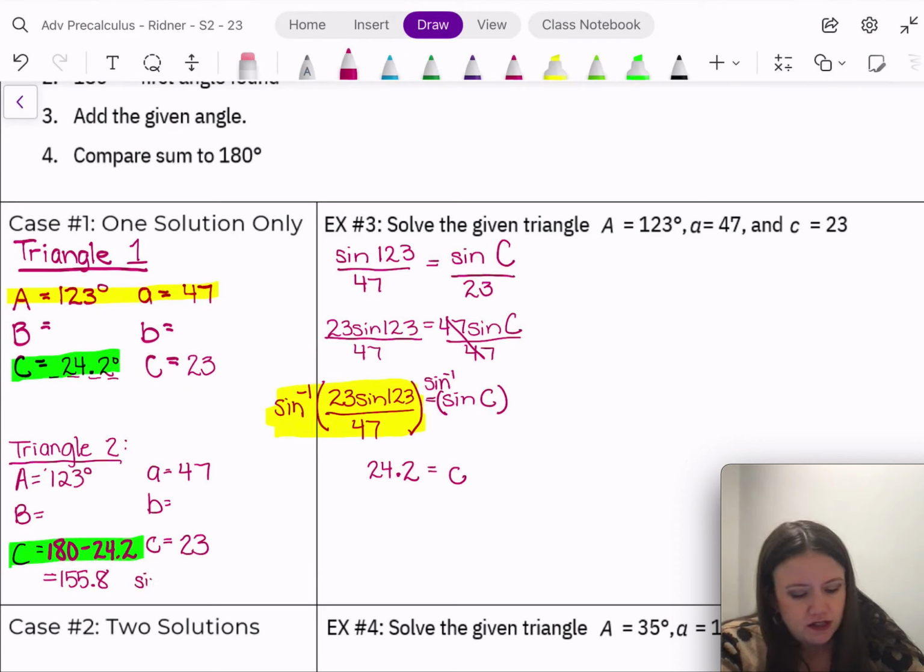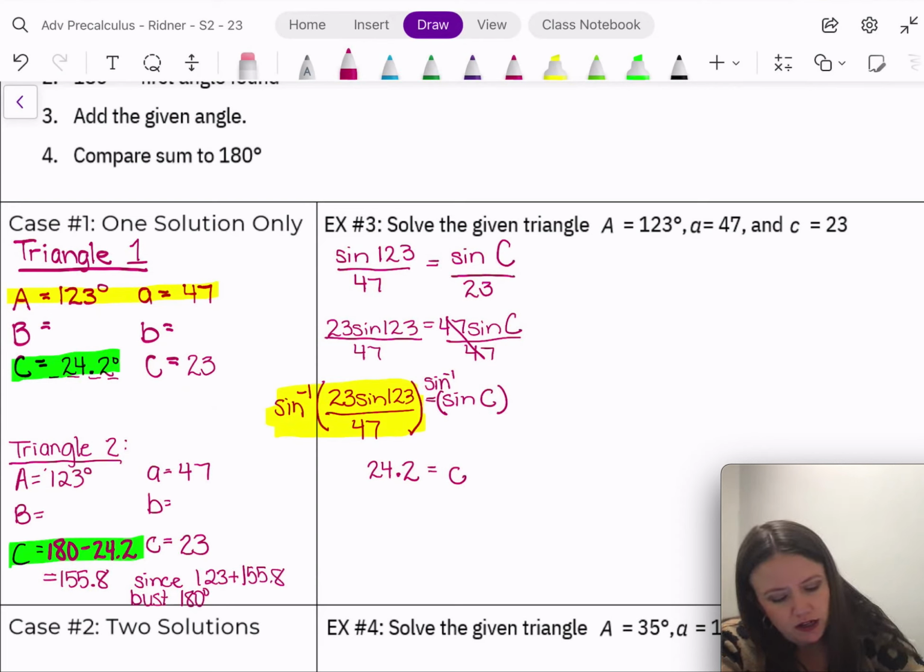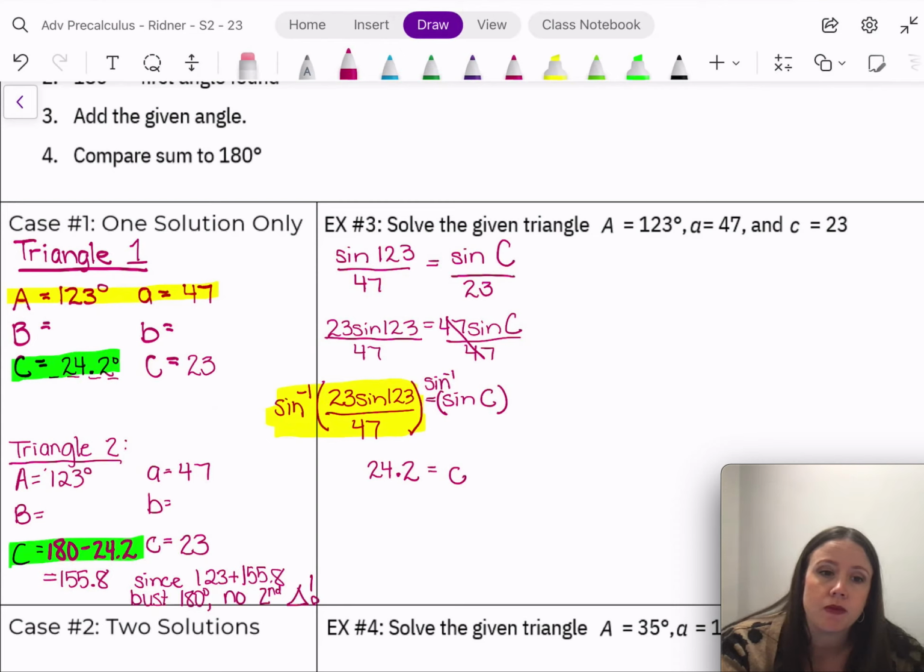So since those two added together bust 180 degrees, so think about blackjack going over that number, there is no second triangle.